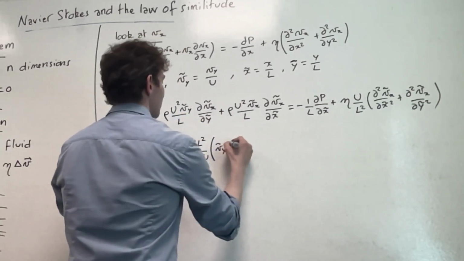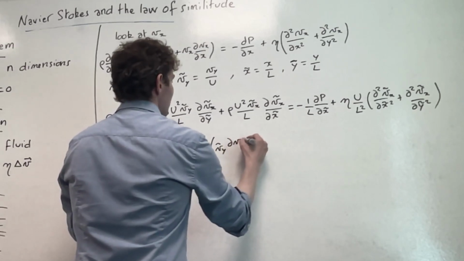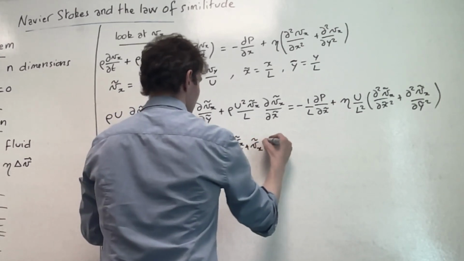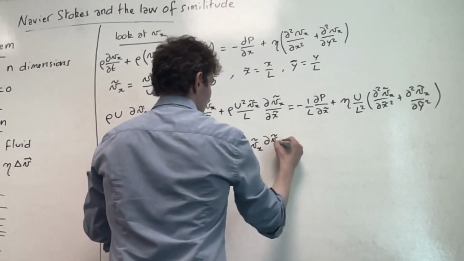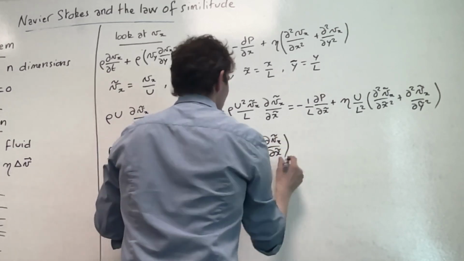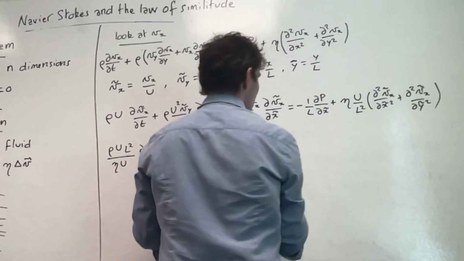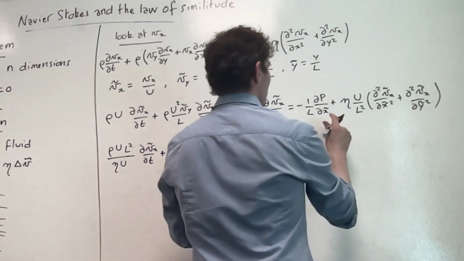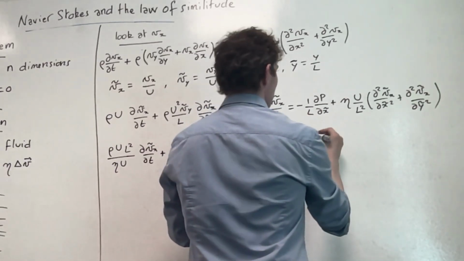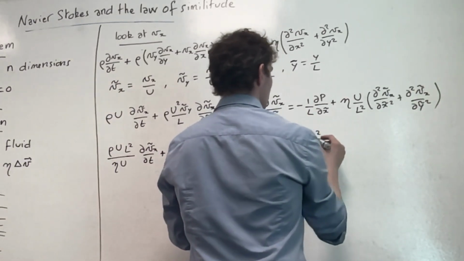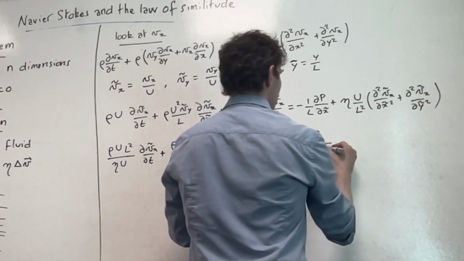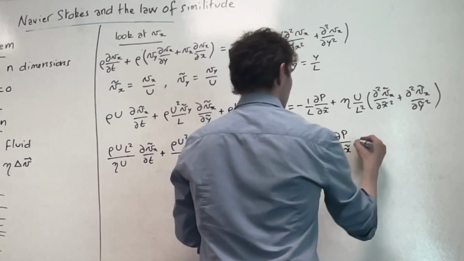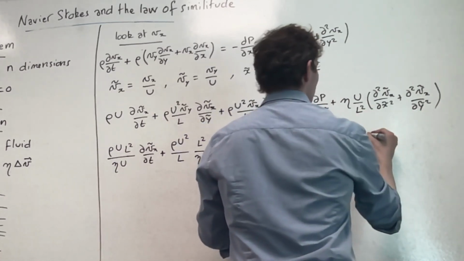Vy tilde dVx tilde dy tilde plus Vx tilde dVx tilde dx tilde, and then is equal to minus 1 over L, so L squared over L eta u, dp dx tilde, and plus this term here.